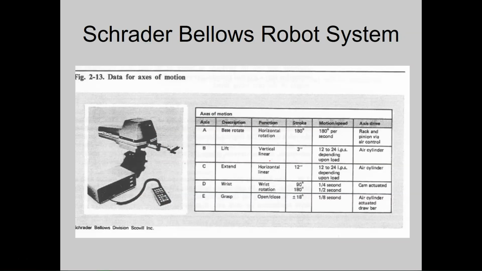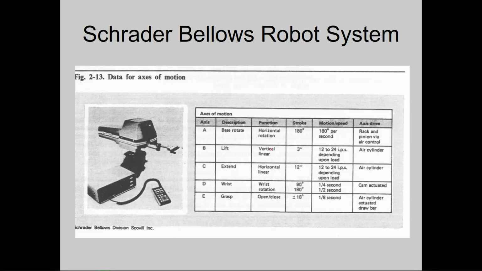Data for axis motion. So this is just kind of a way some people will break it down to you. This guy right here is a 5-axis robot, and it tells you what each one does. So you have the base rotation. You have it able to lift, extend, turn the wrist, and grasp something. It tells you what kind of function they move in.